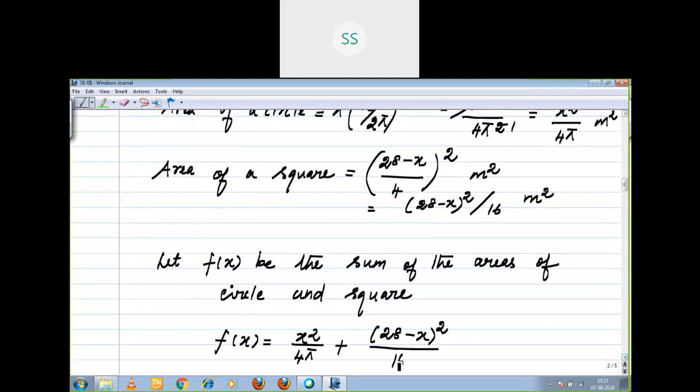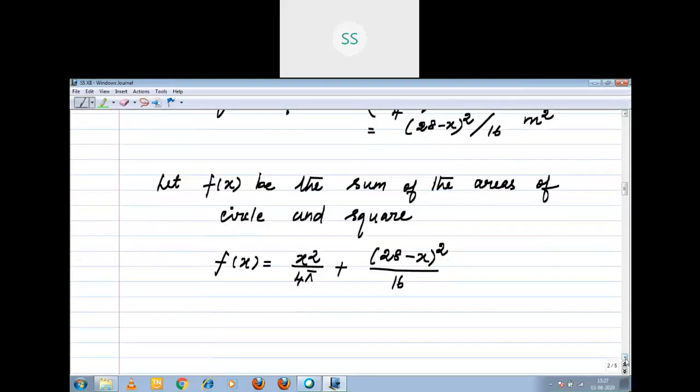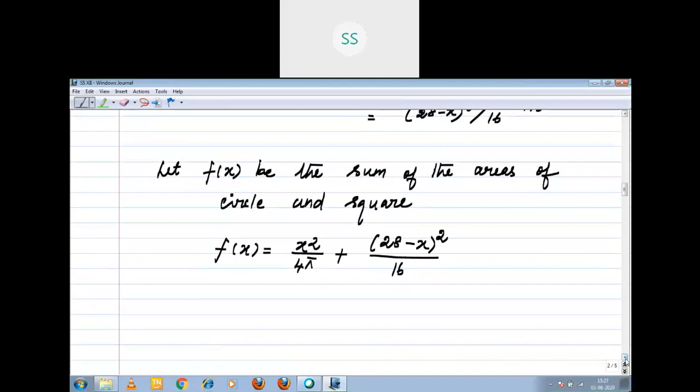The whole statement you have converted in terms of a function as x square by 4 pi plus 28 minus x, the whole square by 16. Right, children? You may think that the problem is so lengthy. How come we have to modify? Once you understand the concept, you can easily modify it in terms of a function, right?